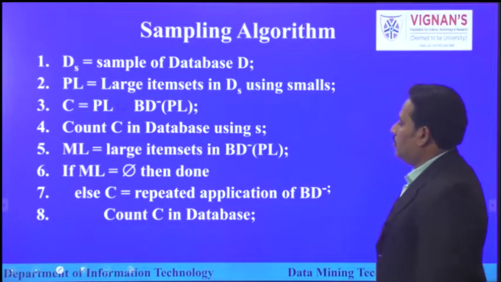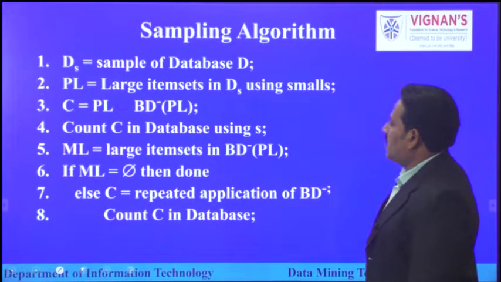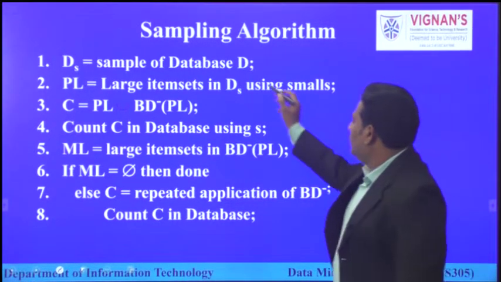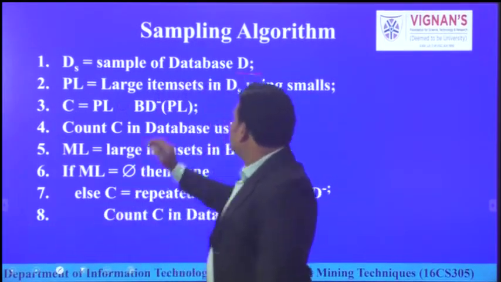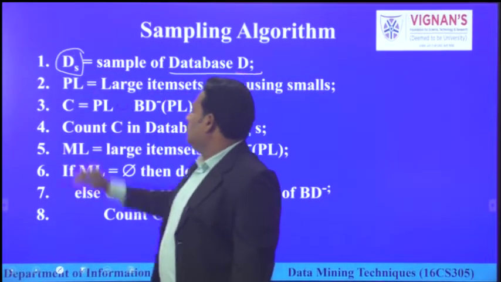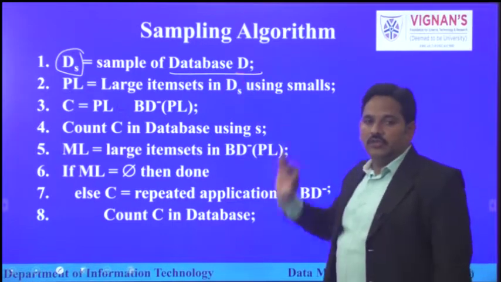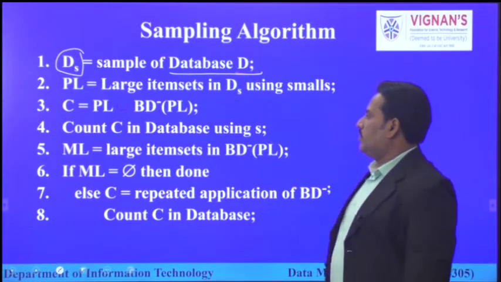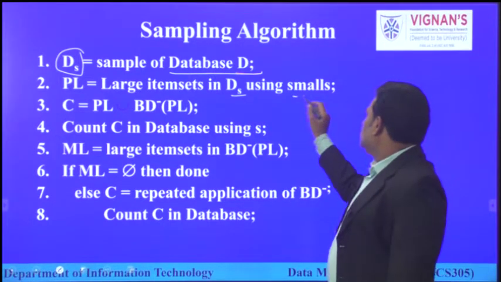Now this is the algorithm of how a sampling algorithm is going to be applied. In this sampling algorithm, sample the database. That means here we are dividing the database. Sample the database capital D into DS. In our previous example, 1000 transactions were taken into 5 samples, and DS is one of the samples. Now find large item sets in DS using smalls.